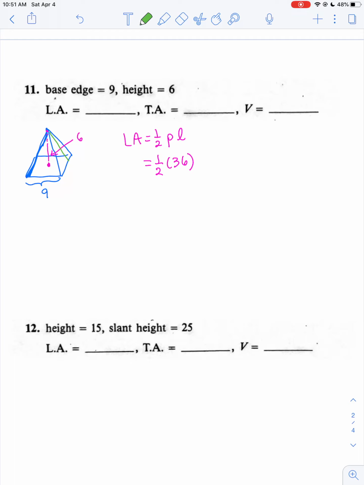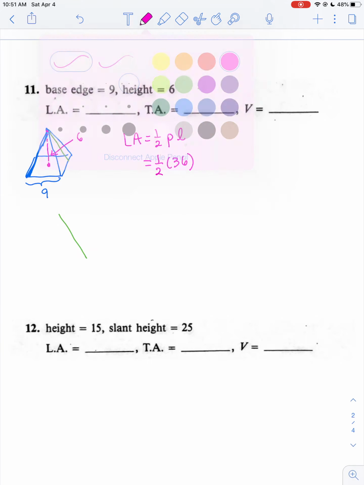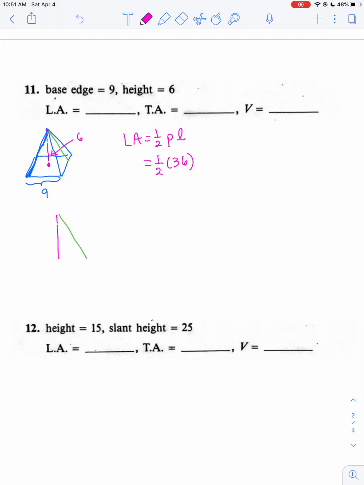Okay, so we have to calculate what that slant height is equal to. I'm going to sketch that slant height right here in green, and then we have in pink the altitude, which was given to us as 6. This base edge at the bottom in blue is half of the length of 9 that you see here, so this is 4.5. A right triangle always forms.